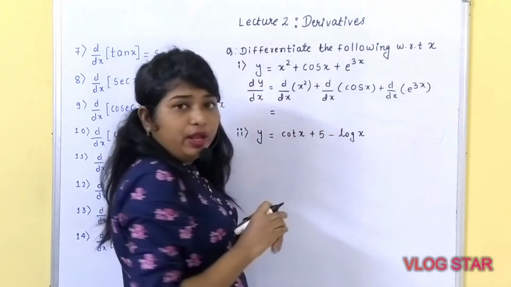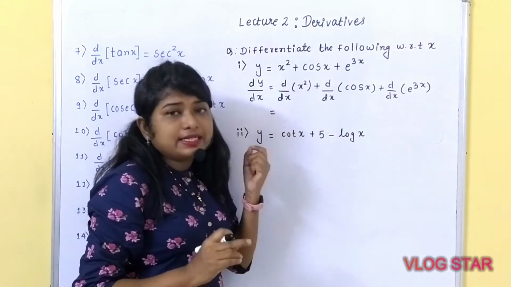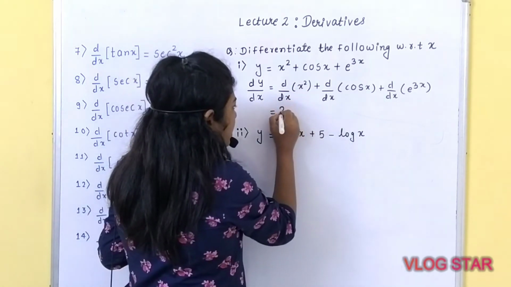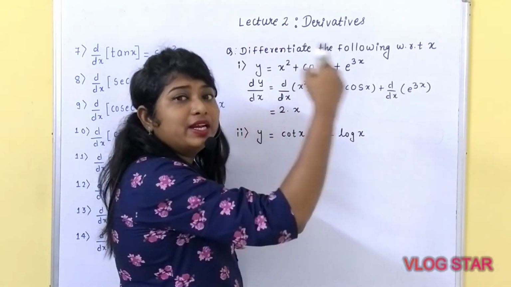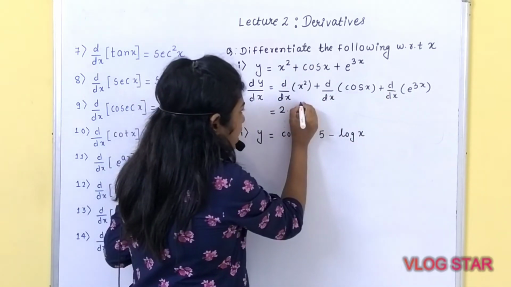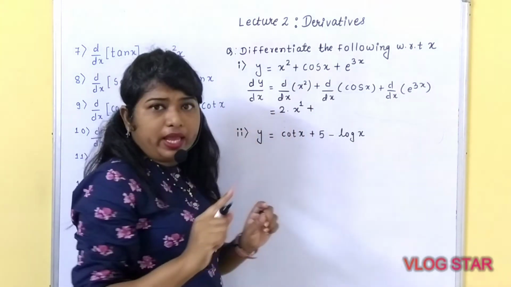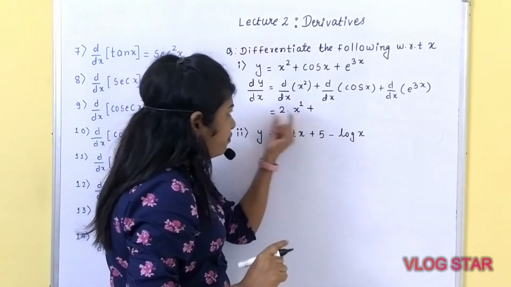As I said, what is the derivatives of x raised to n? In this case, n is equal to 2. So x raised to n derivative is nothing but equal to 2 into x raised to n minus 1, that is 2 minus 1, which is equal to 1. So derivatives of x square is equal to 2x.